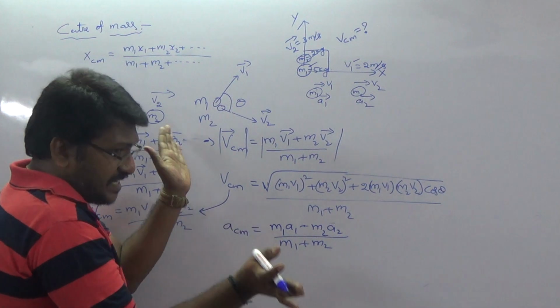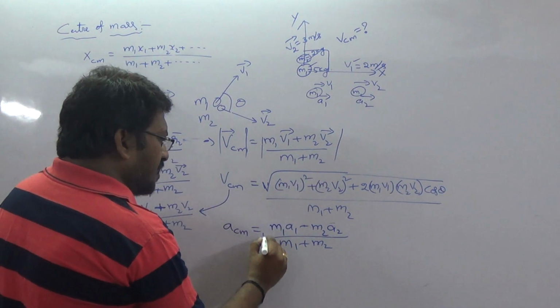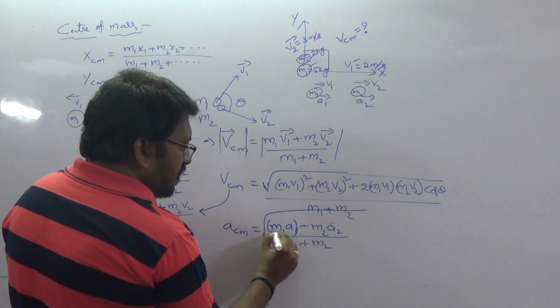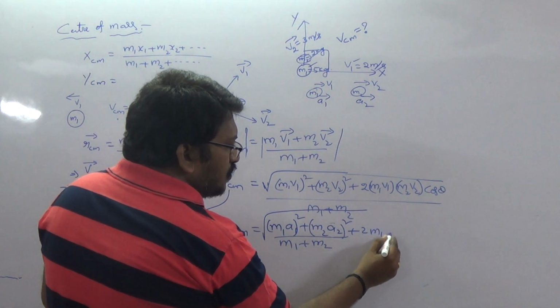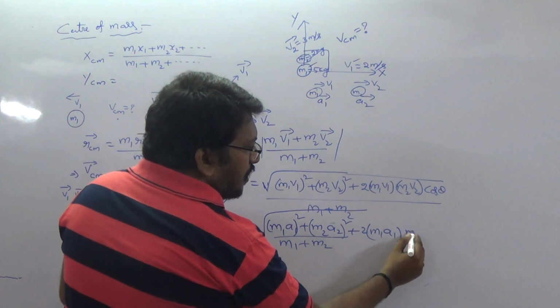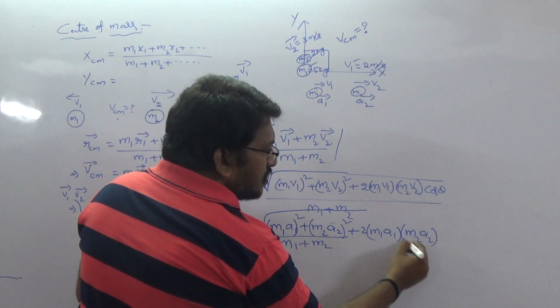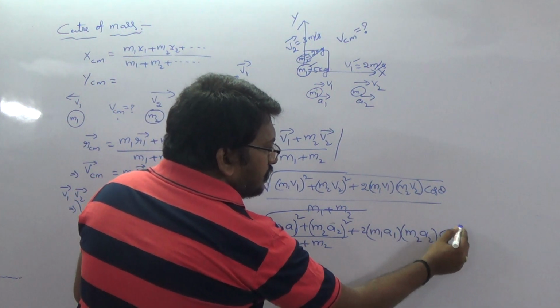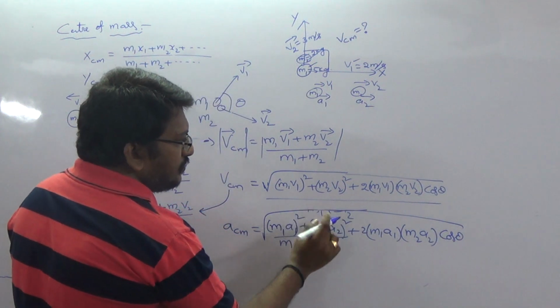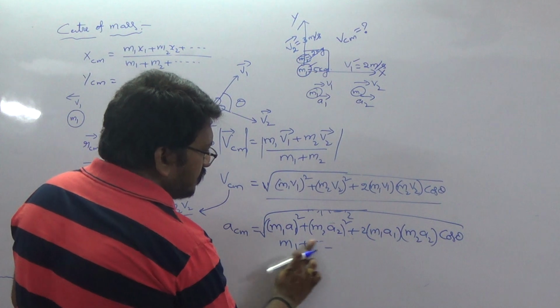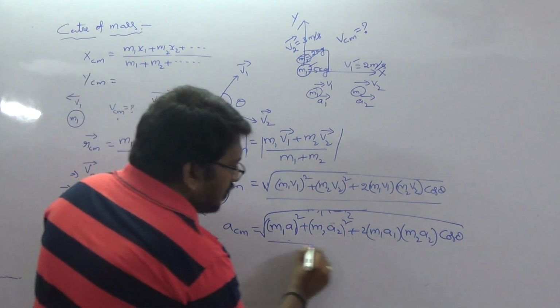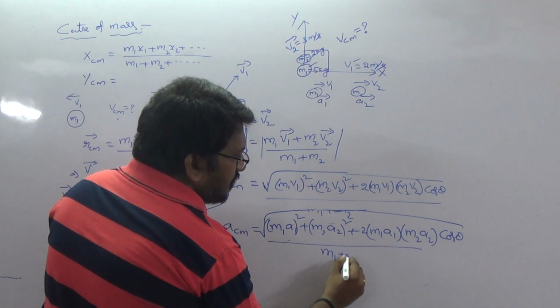If they are traveling at a certain angle, again the same concept: under root of m1 a1 whole square plus m2 a2 whole square plus 2 m1 a1 m2 a2 cos theta, all by m1 plus m2.